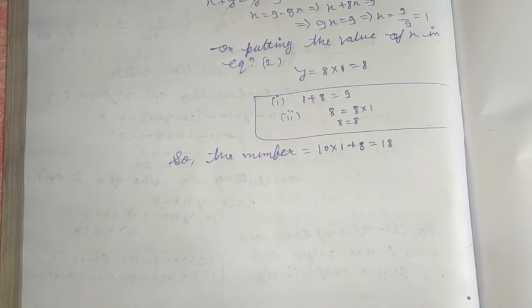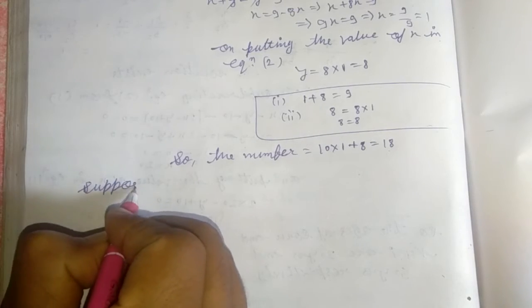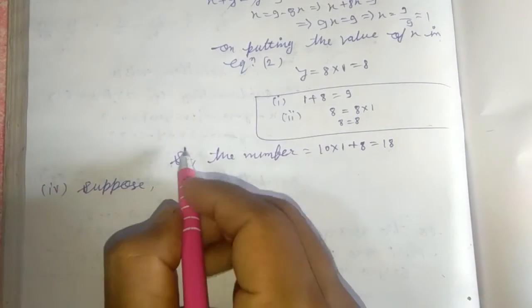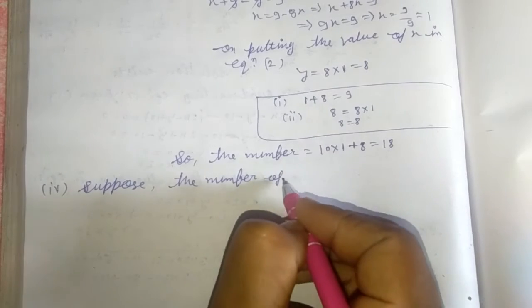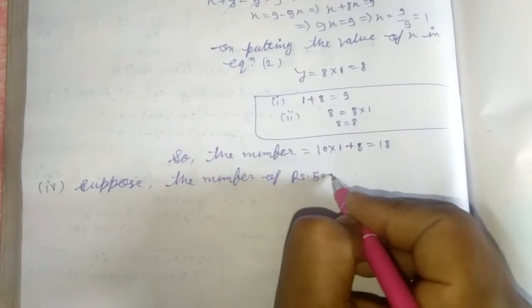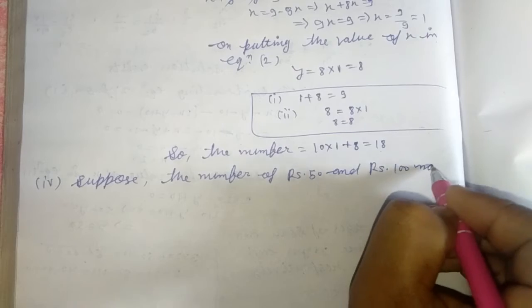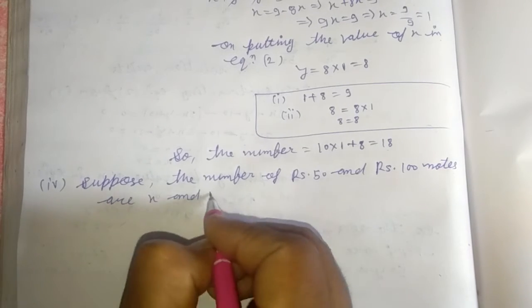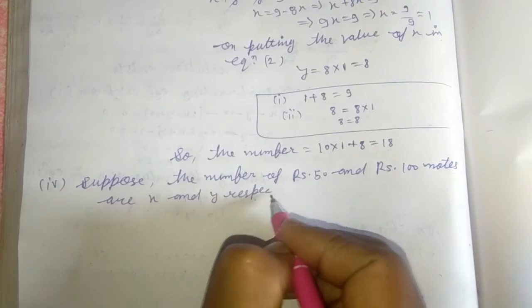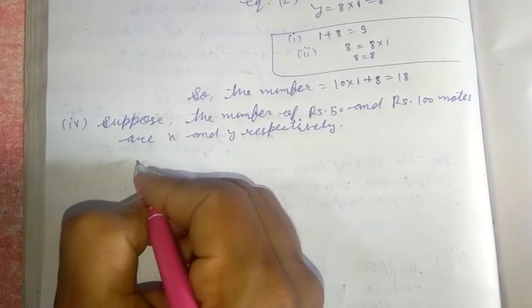Okay, so for doing this, suppose the number of 50 rupees and 100 rupees notes are x and y respectively.